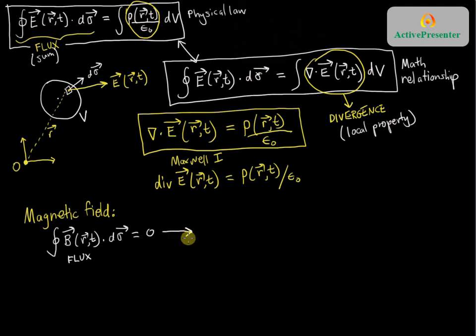And by very similar logic to what we've got up above, since the magnetic flux has to be equal to the integral of the divergence of the magnetic field, we therefore reach the conclusion that the div of the magnetic field simply equals 0. So now we've got Maxwell's second equation.